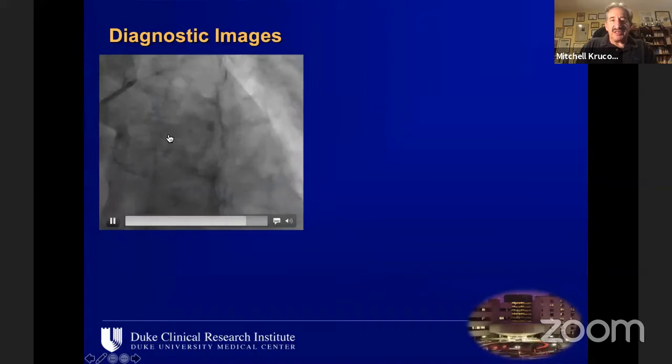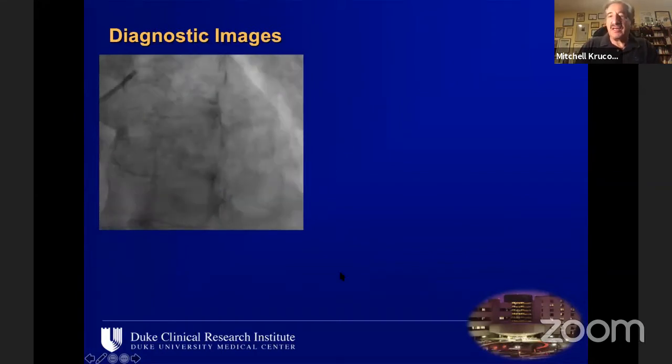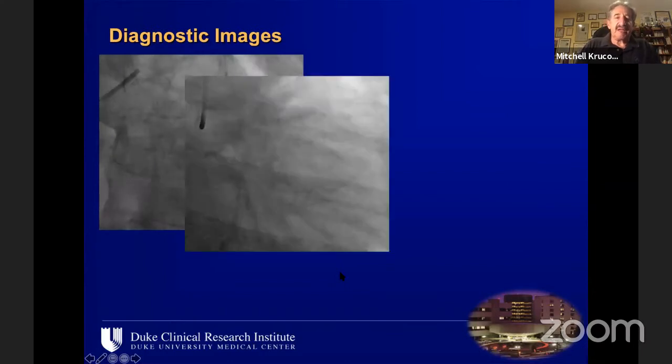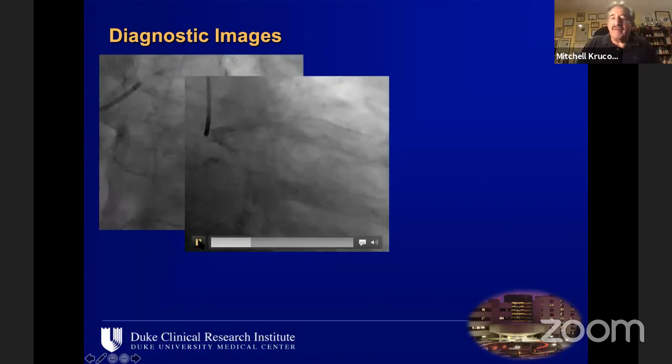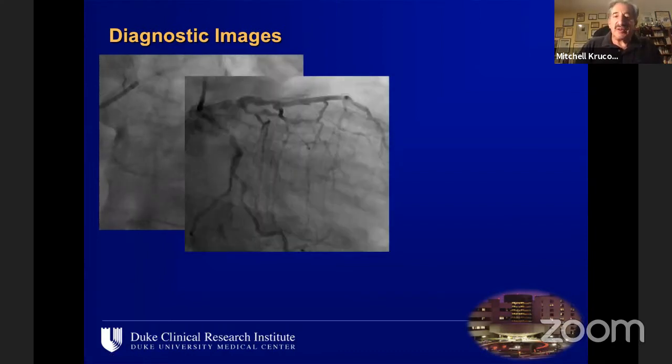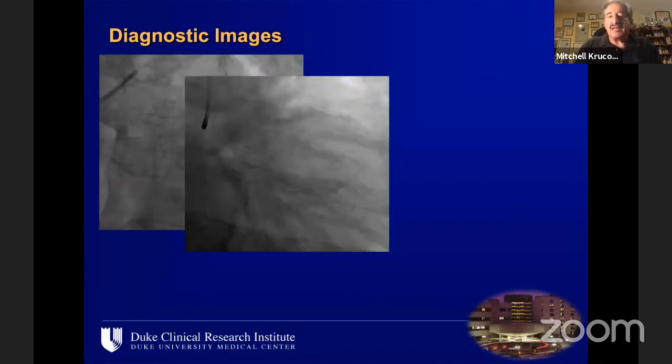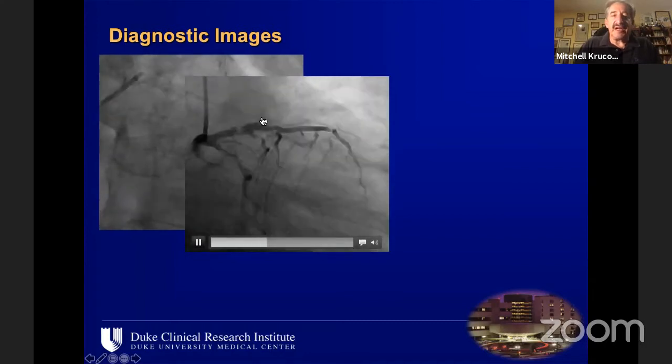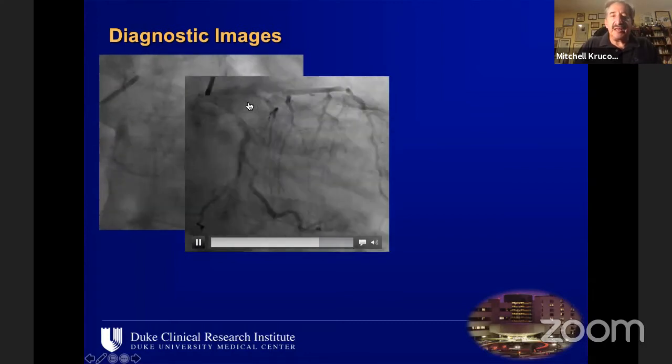This is just a fluoroshot, but you can see the diffuse calcification that comes with age, and many of the comorbidities that we know are also very difficult to deal with: diabetes, renal dysfunction, etc. In this view, you can see in the middle of an ectatic area of the LAD, a tight lesion.